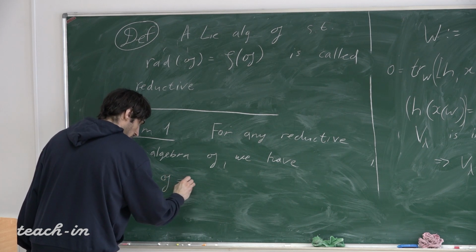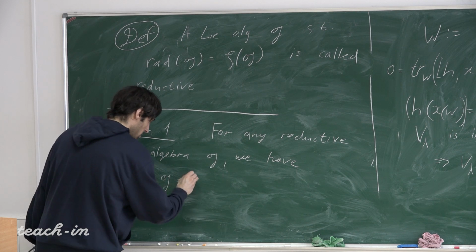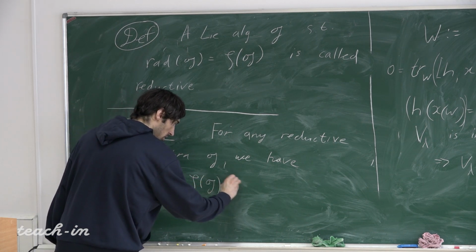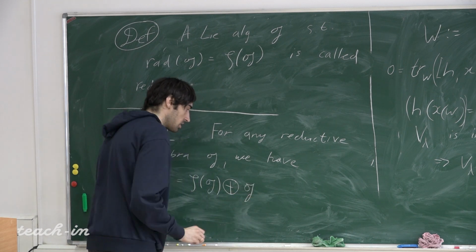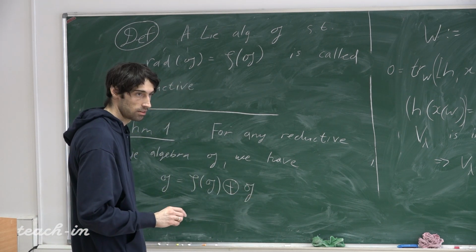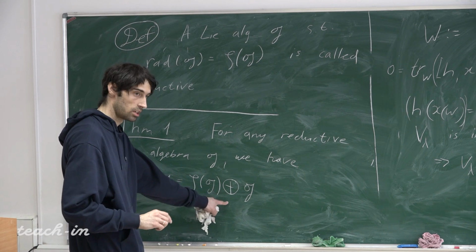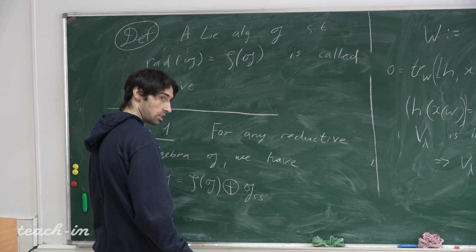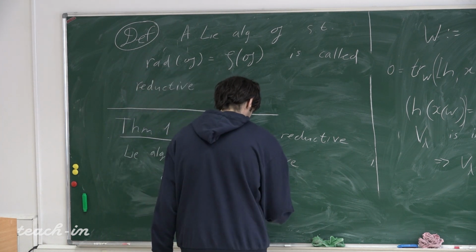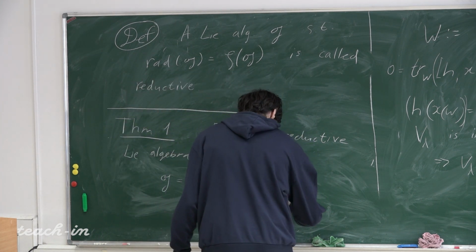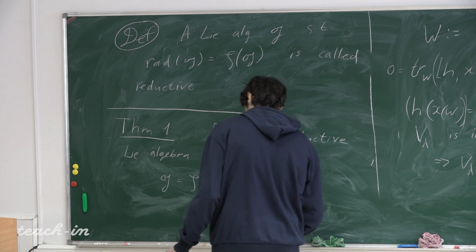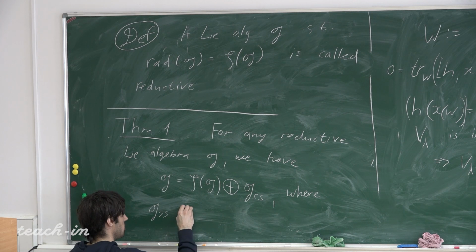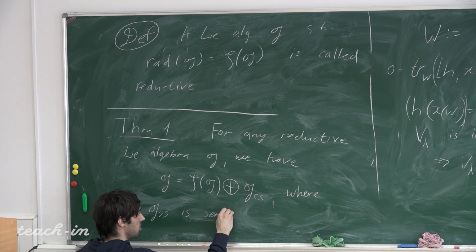G decomposes as a direct sum of its center and another ideal, actually, since it's a direct sum as Lie algebras, GSS, which is semi-simple, where GSS is semi-simple.